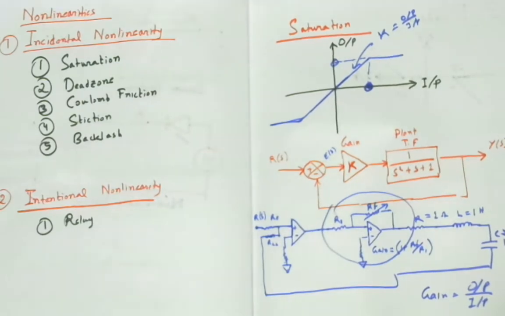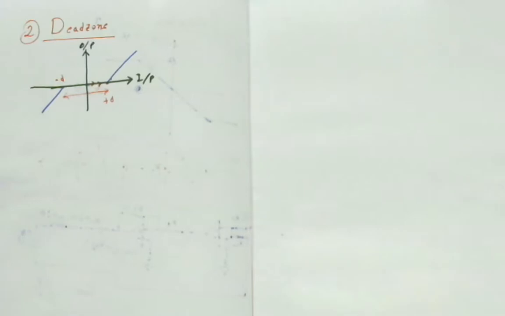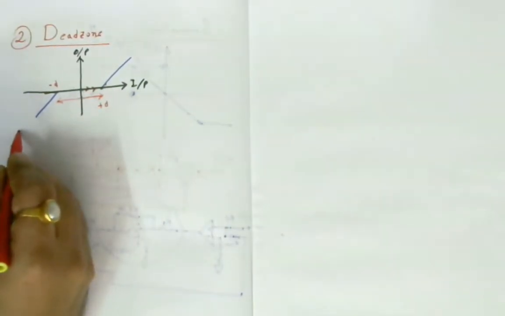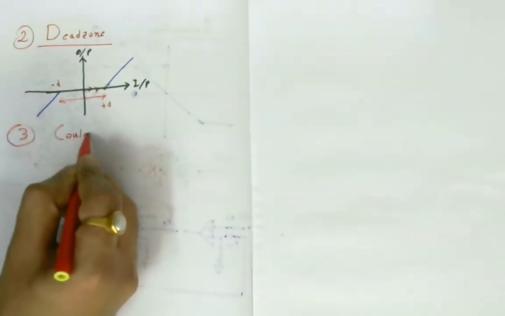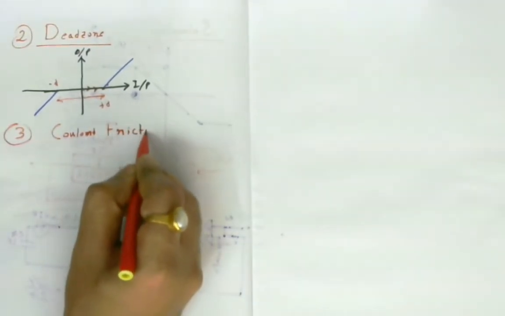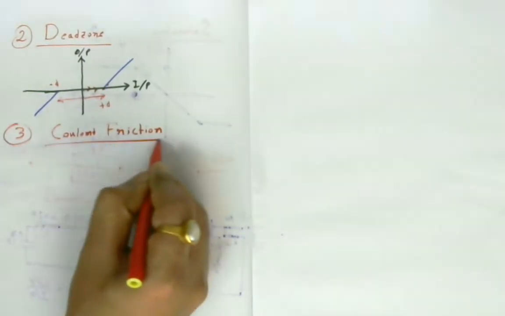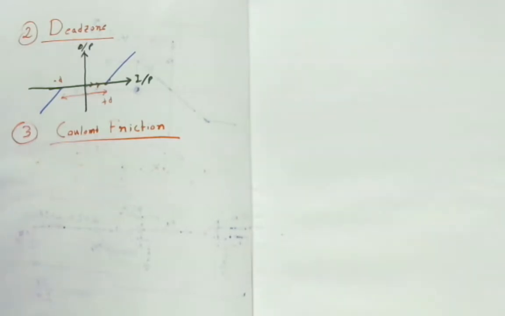Next we are going to the third point of incidental nonlinearity, which is Coulomb friction. Now, friction is a force which opposes the motion whenever there is a sliding contact between mechanical surfaces.